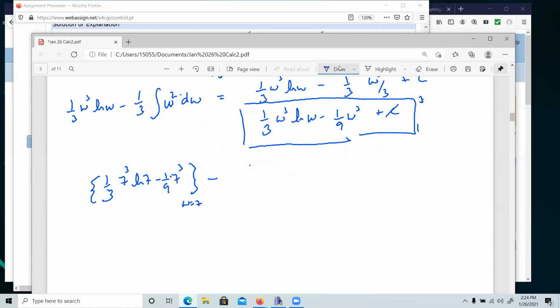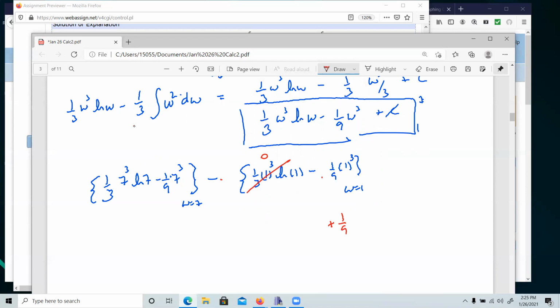Then we also had 1/3 1 cubed ln 1 minus 1/9 1 cubed, and this was w evaluated at 1. All right. Well, the natural log of 1, that's an easy one. Natural log of 1 is 0. All right, so we can just make sure that goes away because the natural log of 1 is 0. And we just have minus a minus 1/9 here.